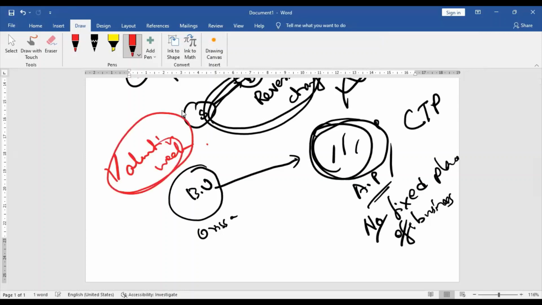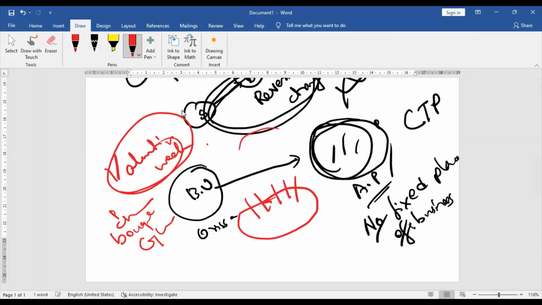During these days, you will be purchasing bouquets, chocolate bouquets or gift wraps, gift packets that will be combined with a flower base. Means like this, the chocolates will be there, some flowers will be there, and some gift items will also be there. So here, there is chocolate, flower, and some gift items.